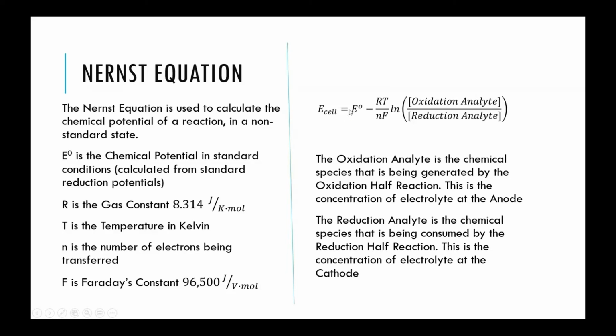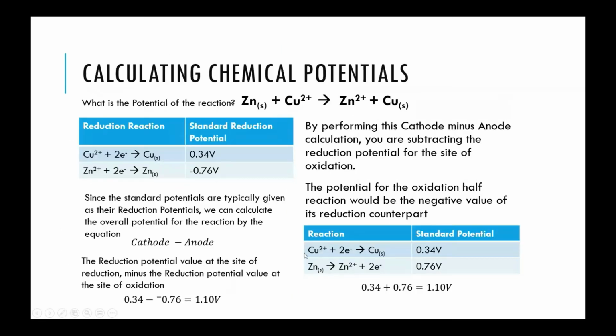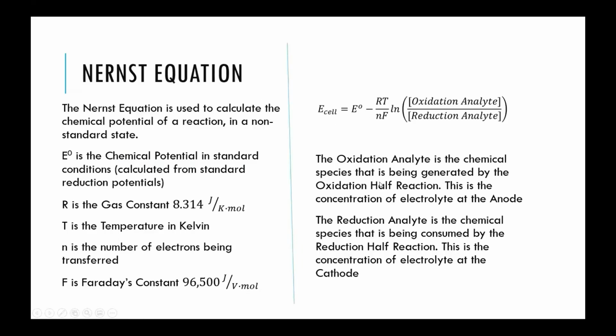So the Nernst equation is shown here, where you have the standard chemical potential, this E0, that is the potential that would be calculated from the standard reduction potentials, just like in these calculations.